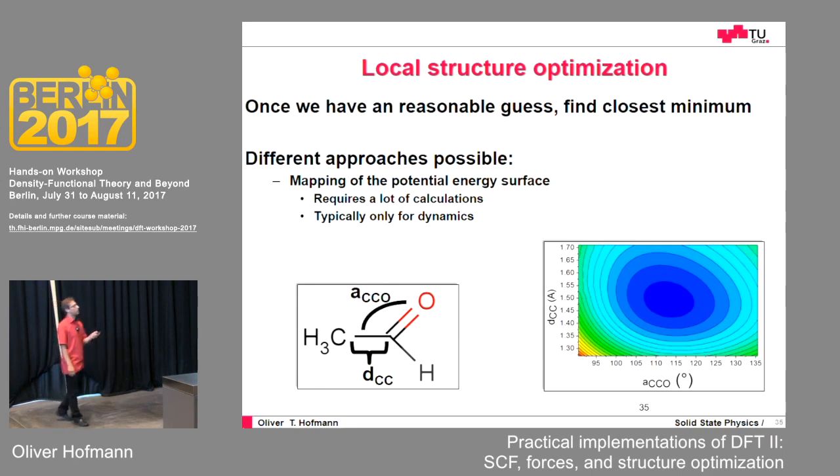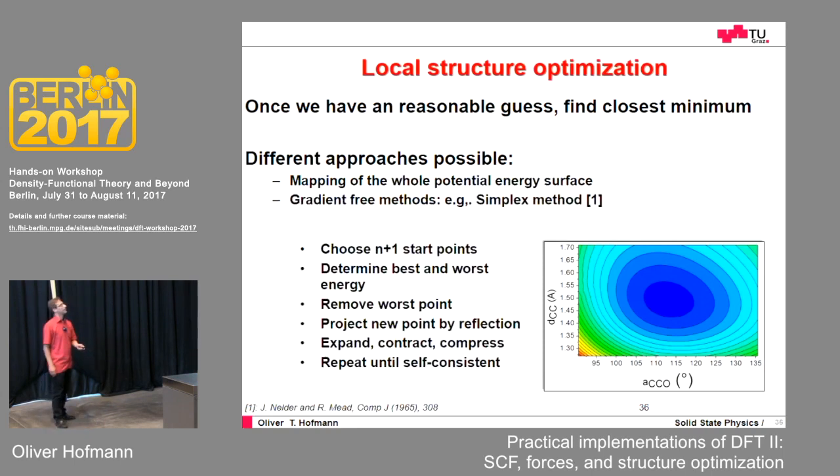So let's say we try out every possible angle, every possible bond distance here, and see where the minimum is. Now, you're probably all familiar with the concept of configurational explosion. If you have more than just 2 degrees of freedom, you can't do that. That takes just way too many calculations. So this is something that is maybe done for dynamics, and even then it's typically done in a different way than that. In practice, this is basically never used.